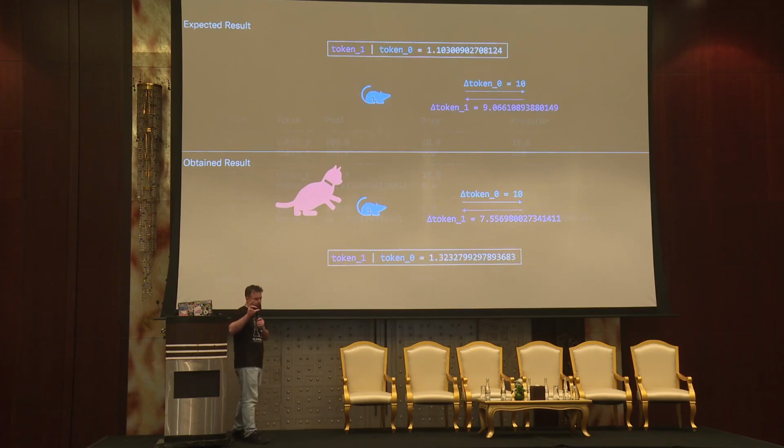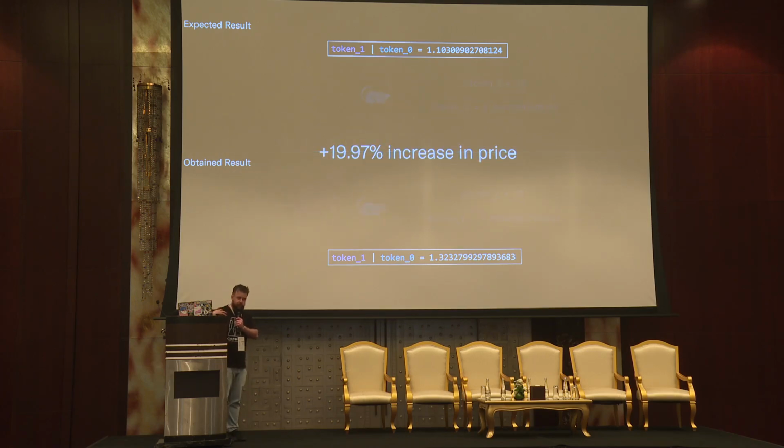So compare the unattacked state to the attacked state. When no one was sandwich attacking them, they got 9 and a bit tokens, and now they're getting about 7.5, right? Which is a pretty dramatic change already. That's from the user's perspective. They're actually being charged almost 20% more on the value of the tokens that they bought, which is surprising.